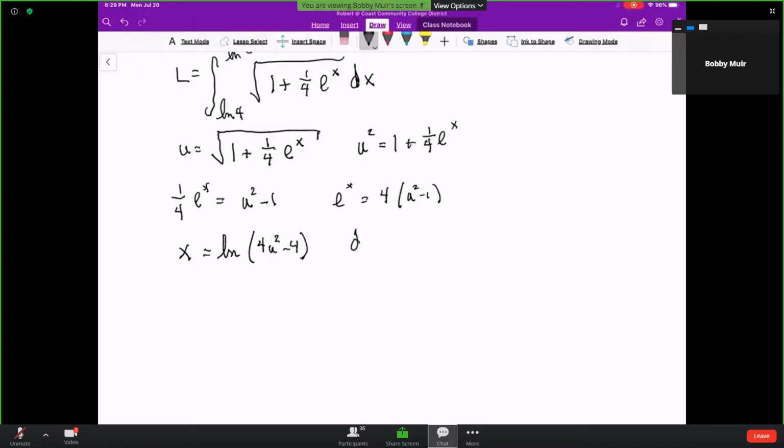Okay. dx now is going to be 1 over 4u squared minus 4 times the derivative of the downstairs, which is going to be 8u.